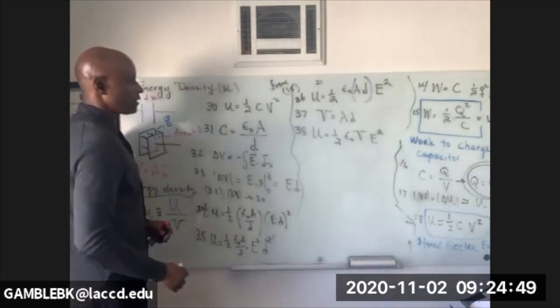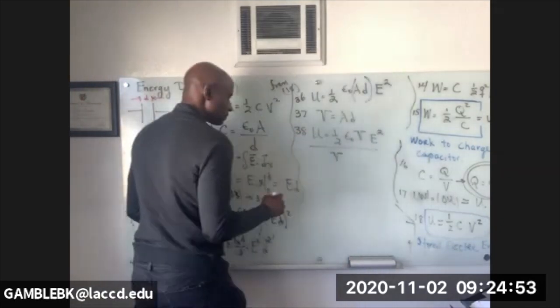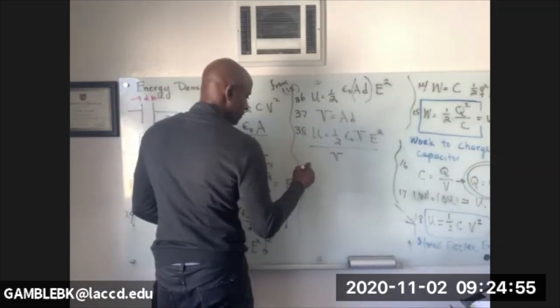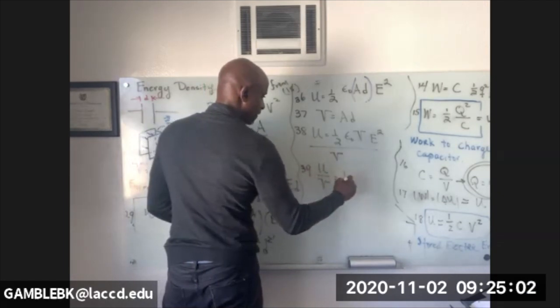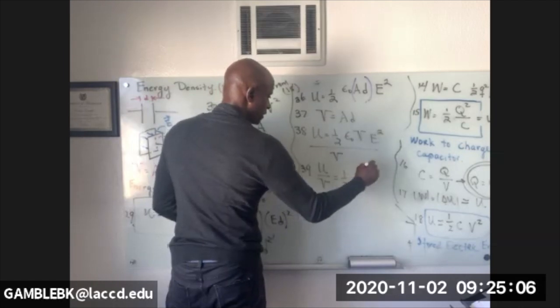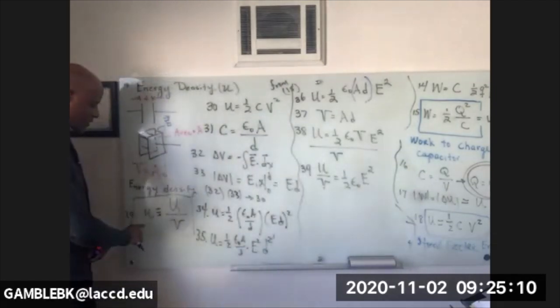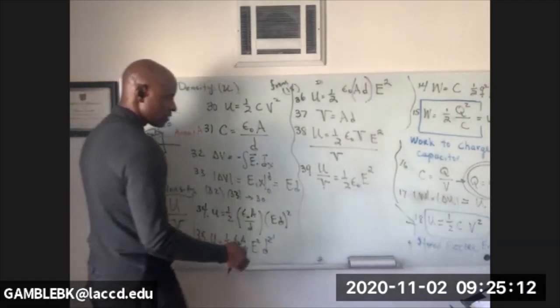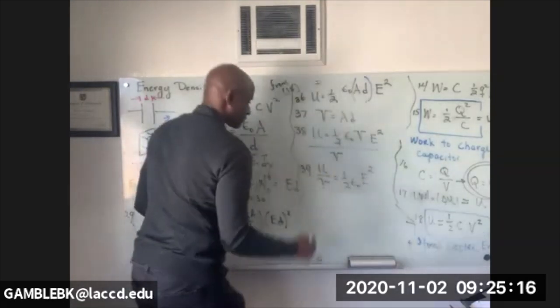And so then dividing the whole thing by the volume, I have that the total energy divided by the volume is equal to 1/2 epsilon naught times the square of the field. And the definition of energy density is that it's total energy divided by total volume between the plates.